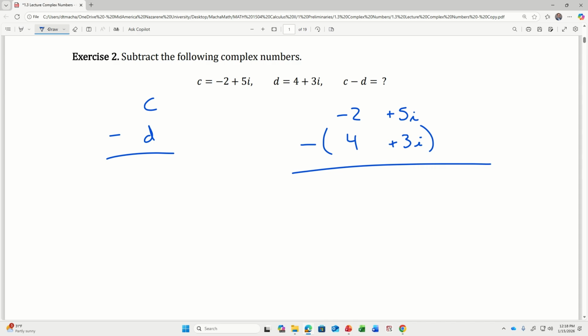Like -2 minus 4 is -6, and 5 minus 3 is 2i. So don't forget to distribute the minus sign to the imaginary part as well. That makes sense?